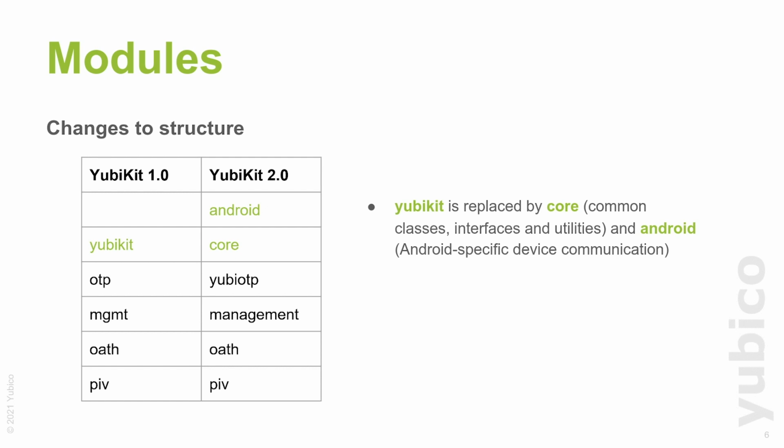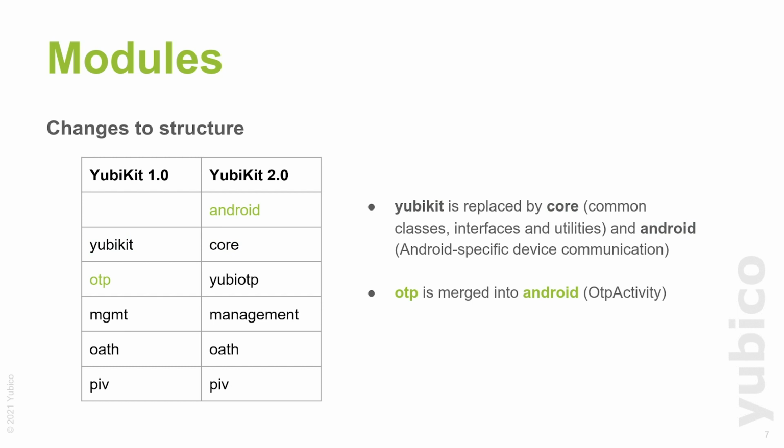And there's the new Android module, which contains all the Android-specific implementation. The core module gets automatically pulled in as a dependency if you use any of the other modules. So pretty much all you have to do is, if you had a dependency on the YubiKit module, change that to depend on the Android module.